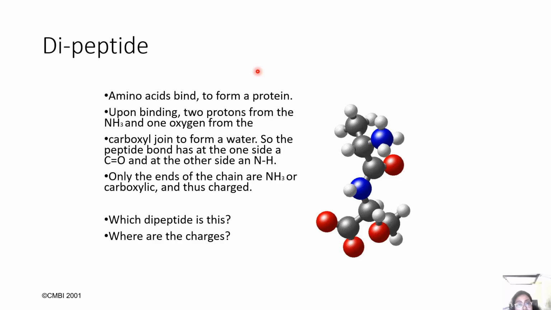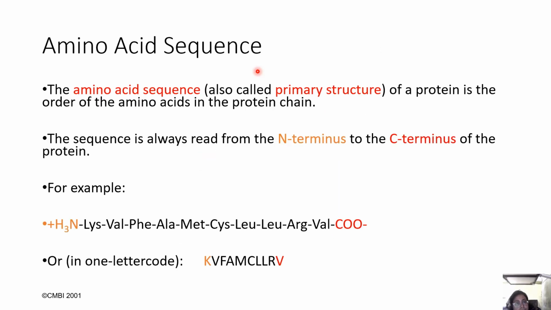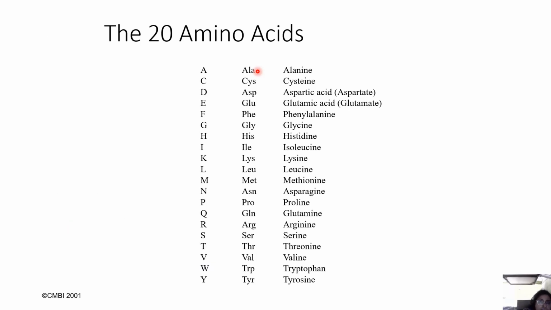So the peptide bond has a C=O on one side and an NH on the other. The amino acid sequence of the protein is the order of the amino acids in the protein chain. The sequence is always read from the N terminus to the C terminus of the protein.